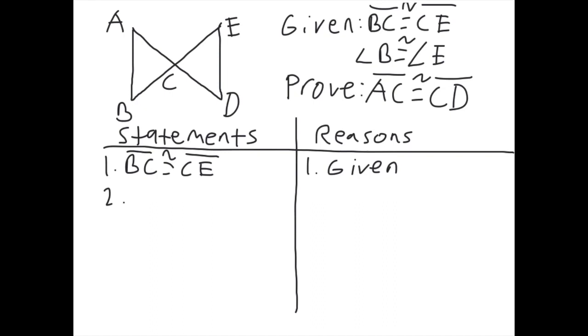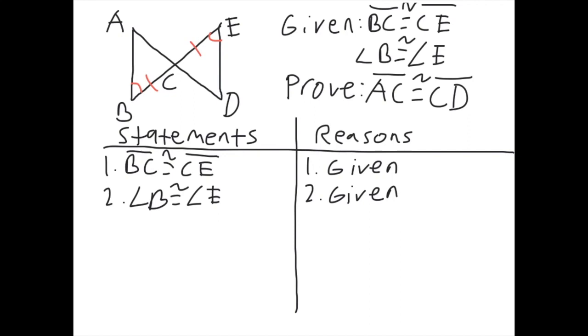And number 2, angle B is congruent to angle E, and that is given. And it's always helpful to make marks on your triangle so you can visually see what's going on. So BC congruent to CE, angle B congruent to angle E.